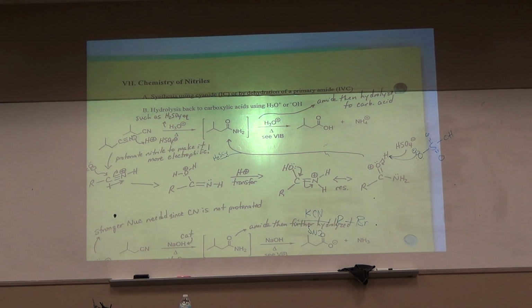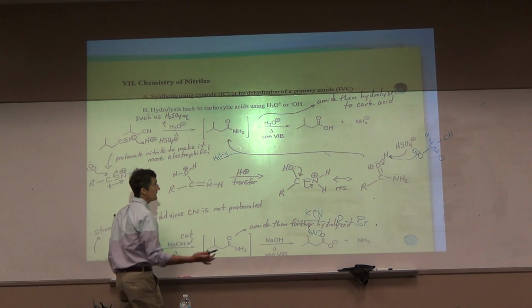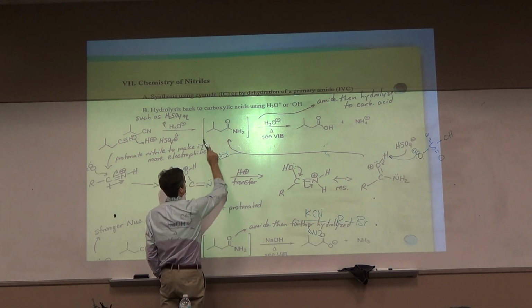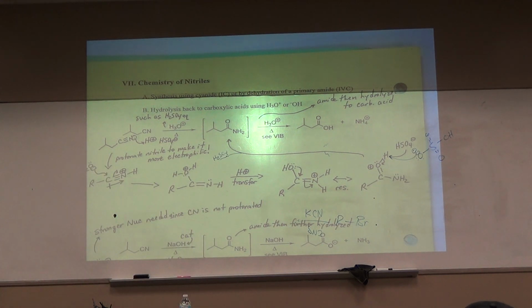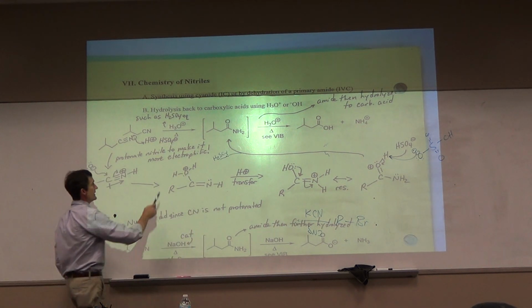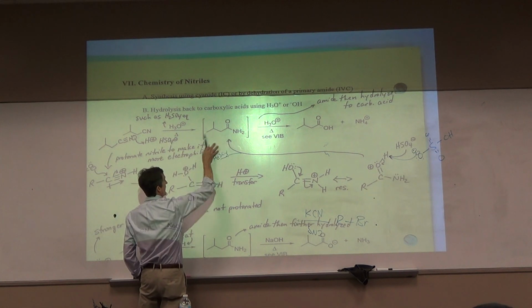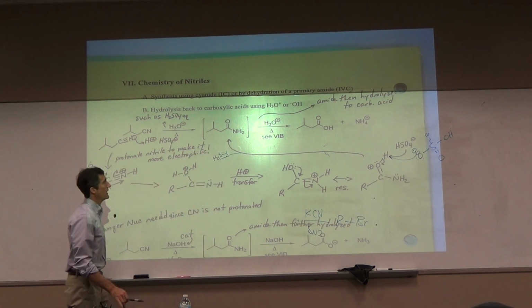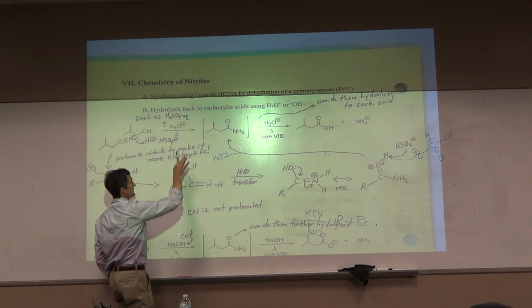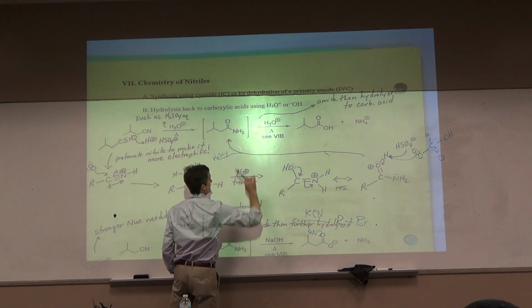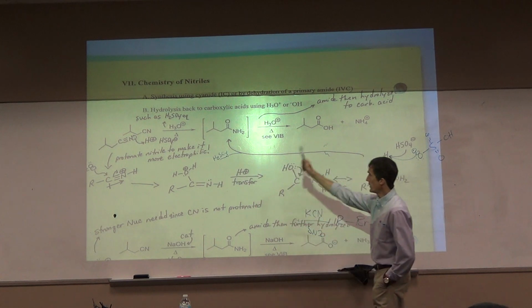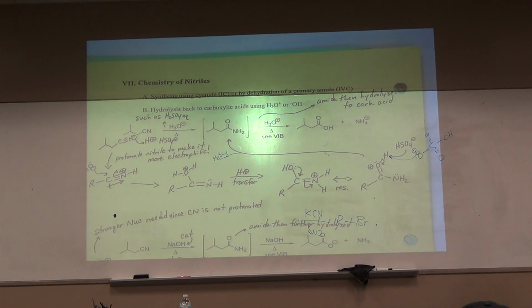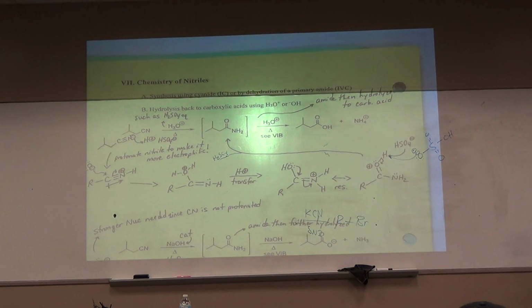So that can all be done in one reaction, where this is not isolated. Brackets mean it's not isolated. Sometimes it can be. Sometimes if you do this exactly right, you can get the amide, which sort of implies to me that this may be easier than that. But for us, it's double hydrolysis all the way to the carboxylic acid.